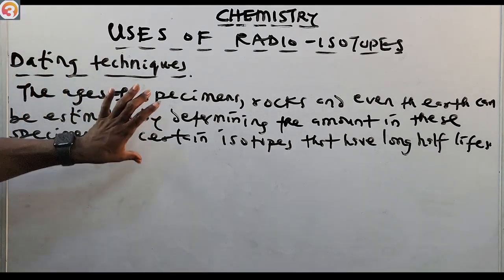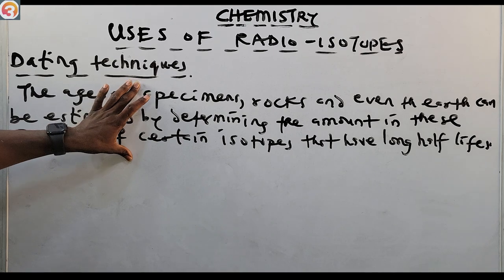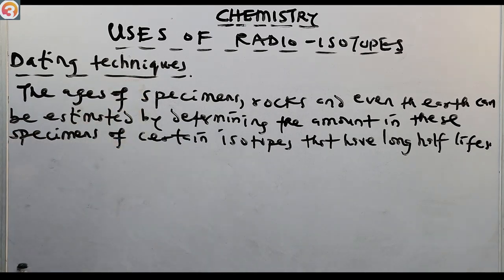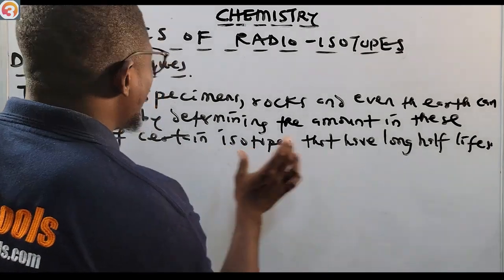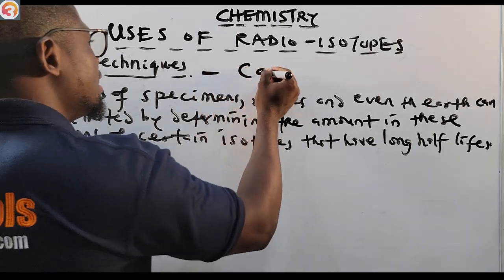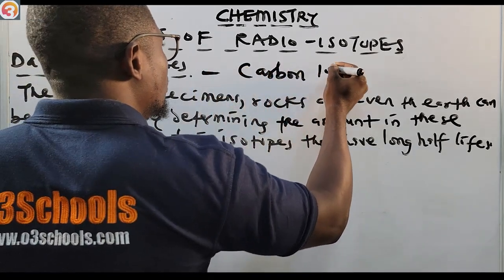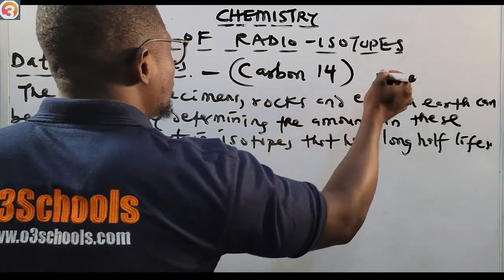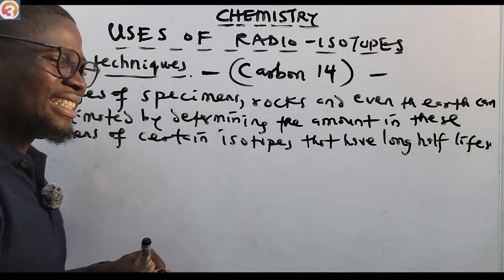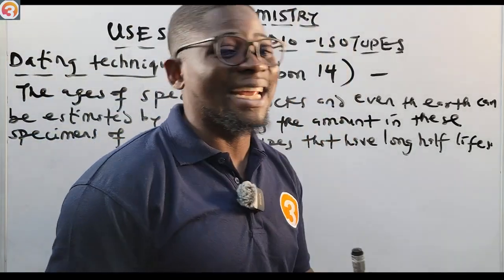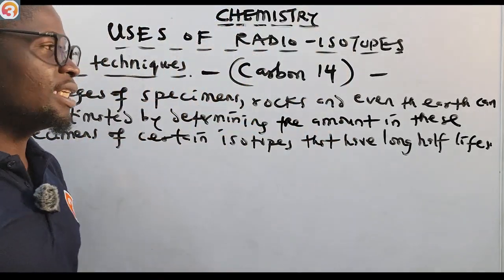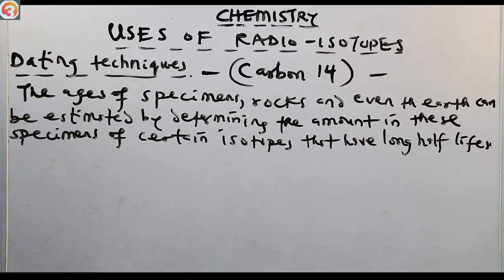Dating techniques are very useful. The common radioisotope used for dating is carbon-14. Please take note, carbon-14. This is an exam question. Carbon-14 is used for dating techniques.